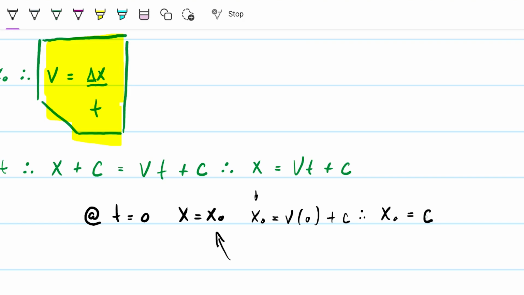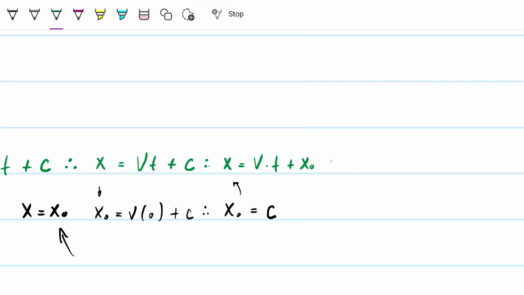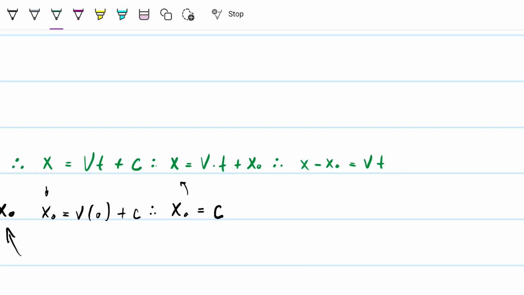If x naught equals my constant, then I can go back here and say that x will be equal to v times t plus x naught, because we just found out that c equals x naught. And you can see that this is now the same as we had before: x minus x naught equals v times t.